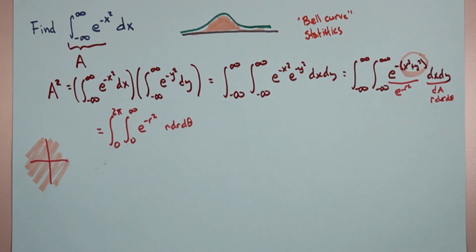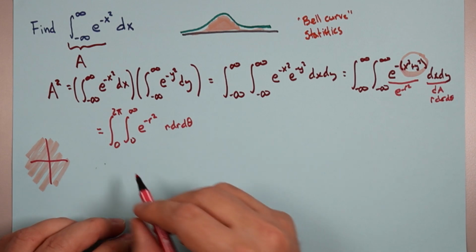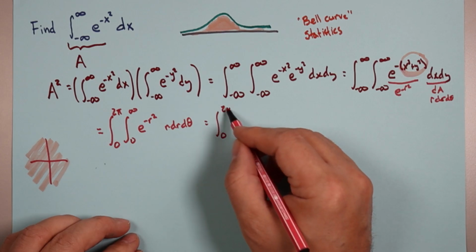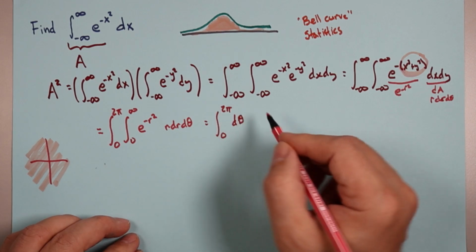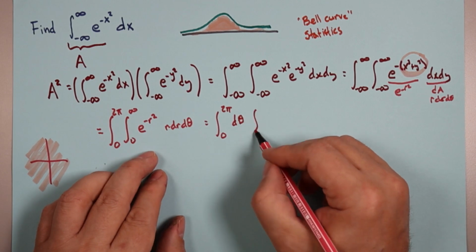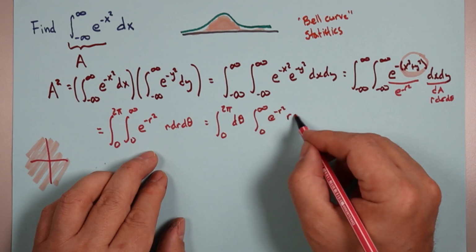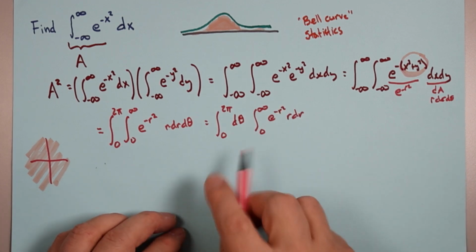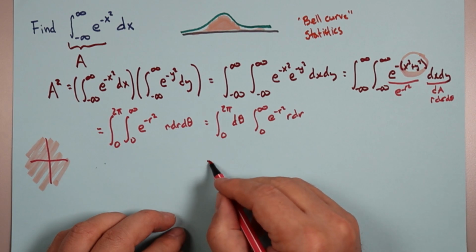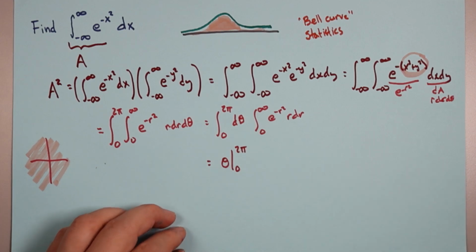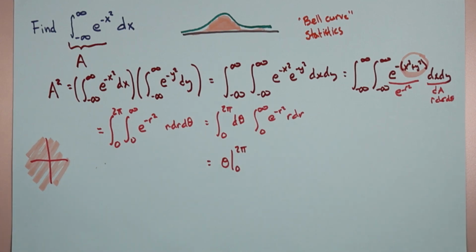And now we do the same thing that we did before. In the interest of time, I'm going to go through this at a bit of a pace here. So pull out the integral with the theta, and pull out the integral of e to the minus r squared r dr. Now the first integral becomes theta, evaluated from 0 to 2 pi. The second integral, you're going to do the same trick we did earlier.